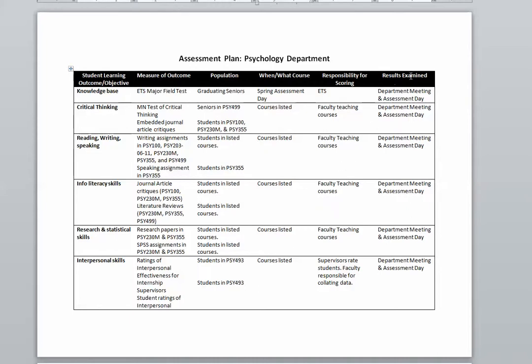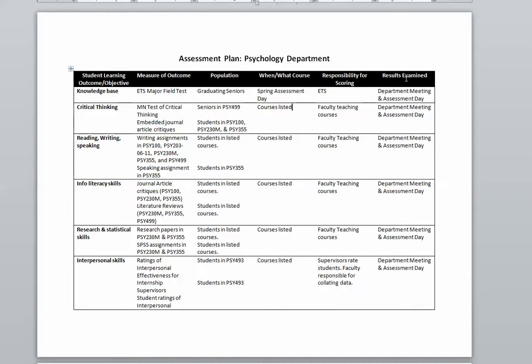And then when do you actually sit down and examine the results? And you'll notice for all of these, it's various department meetings and assessment day listed. So this is pretty bland. It's the same going all the way down, but I like to have this one listed to remind departments that you have to set aside time to discuss the data and to go through the results. What's not on here, and maybe it's one that you want to put on your template, is when are you going to make decisions?